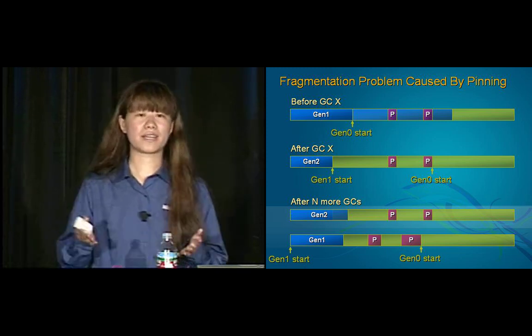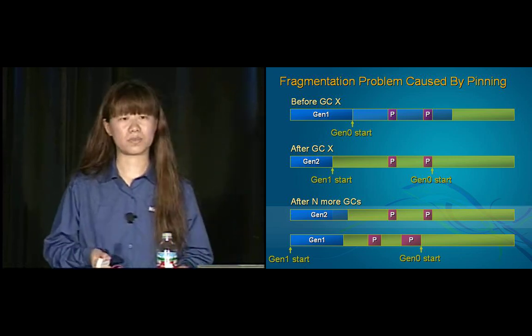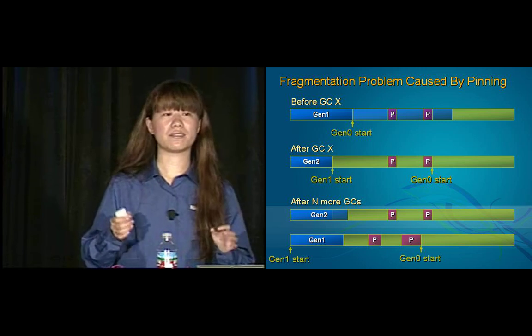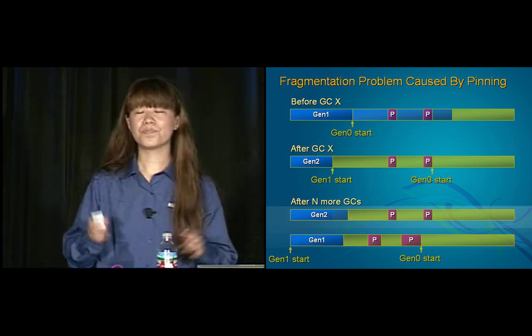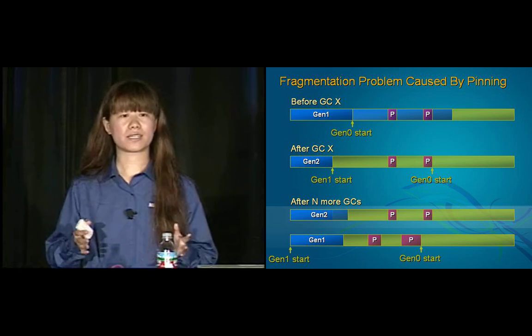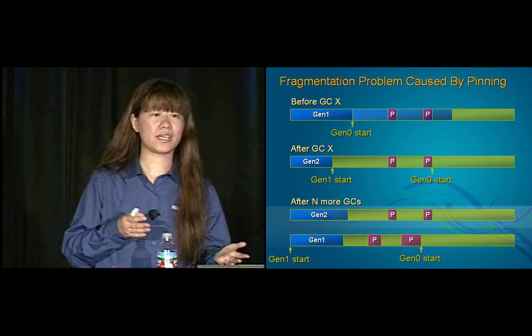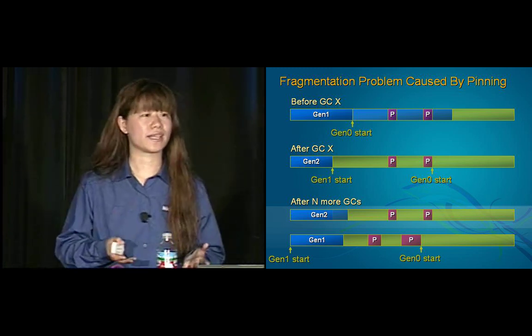On the other hand, small and large objects could also have references to the pinned objects. So every time we do a GC, we'd have to scan this pinned heap all the time, and that's not a good thing to do. And when the pinned objects die, they again leave free space on the pinned heap, so again we have fragmentation problems. So that's not achieving anything.